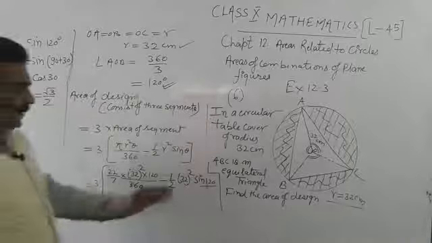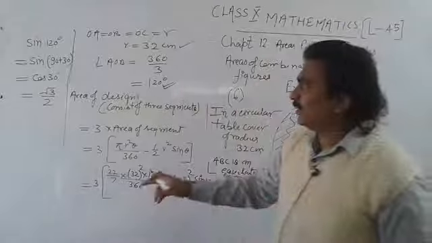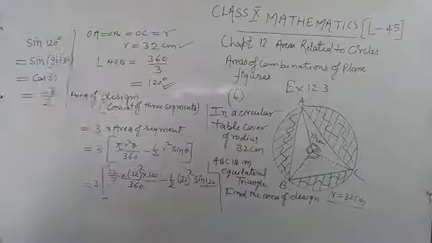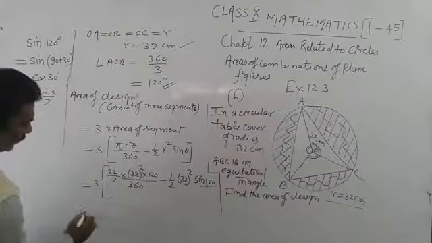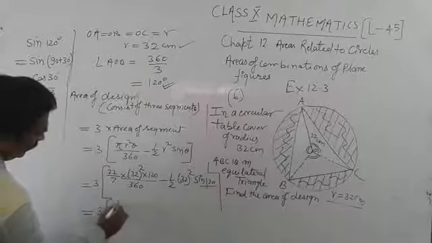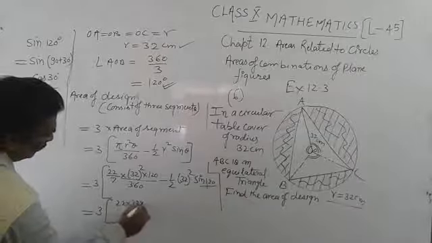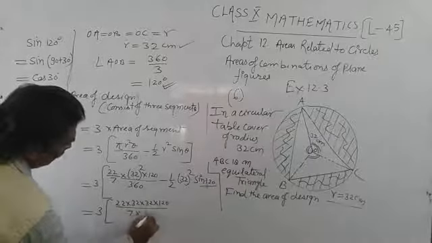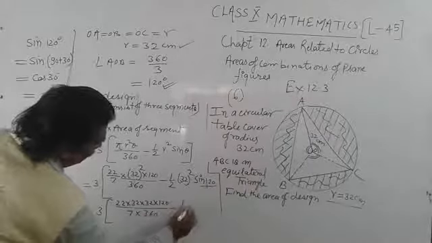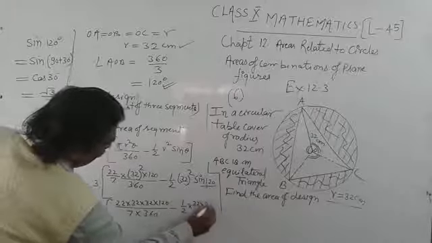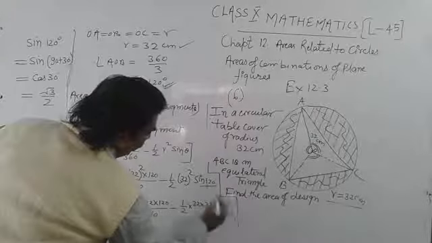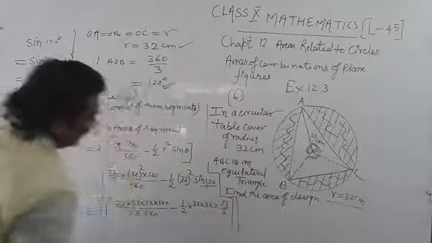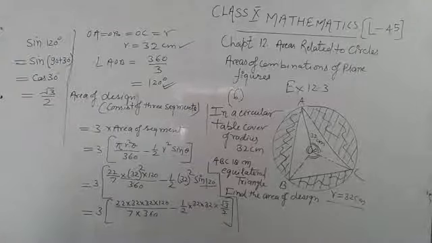So students, in place of sin 120 degree you will use root 3 upon 2, and after solving, 3 under bracket 22 into 32 into 32 multiplied by 120 upon 7 into 360 minus 1 upon 2 into 32 into 32 multiplied by root 3 upon 2. Now students, write these values and I hope you will calculate to find answers.